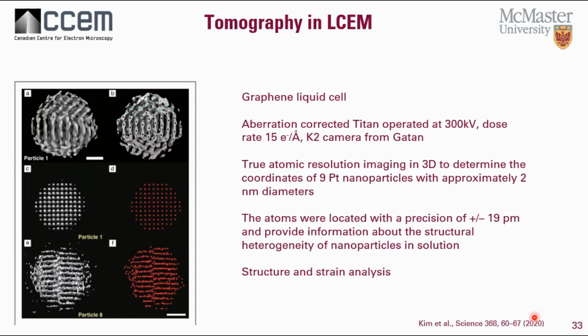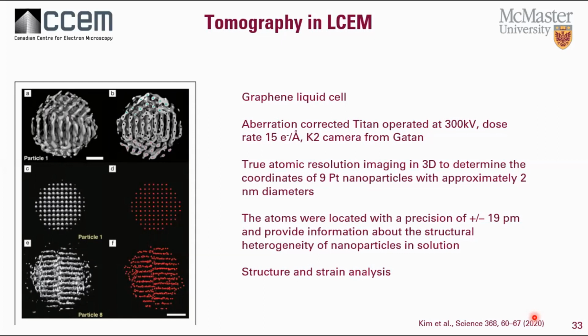They used graphene liquid cell in a chromatic aberration corrected Titan operated at 300 kilovolts. Using a direct electron detector camera, they analyzed 9 platinum particles and determined where the atoms were located. And also they provided information about the structural heterogeneity of nanoparticles in solution.